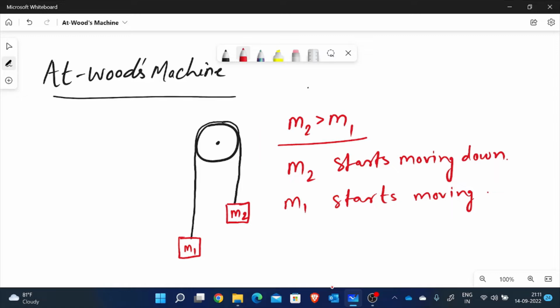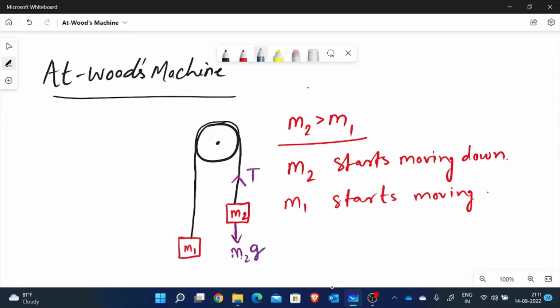Now you must have imagined why it's happening. The masses are moving up and down because they are connected with each other. If you try to visualize the forces acting on the masses, first of all, for M2, the force is M2G. And because of this M2G, there is a tension which is produced in the string.